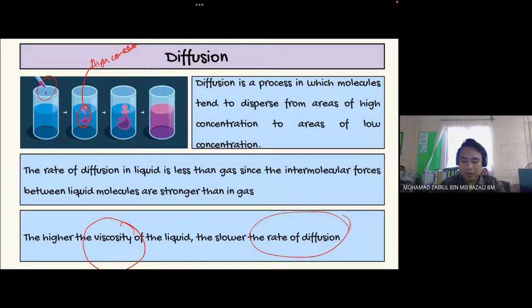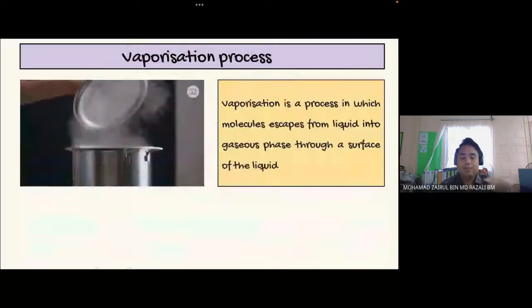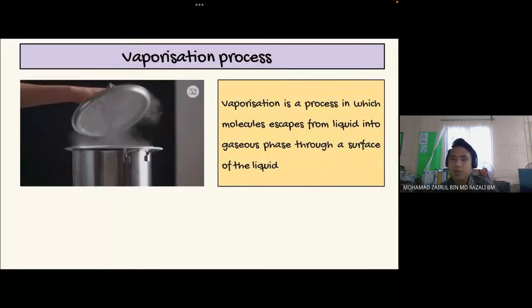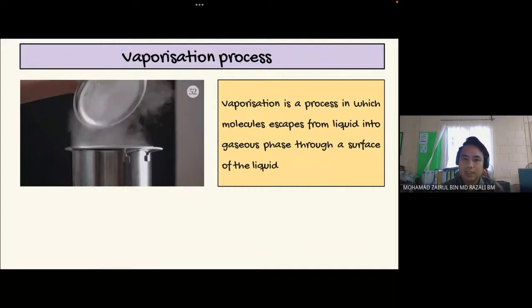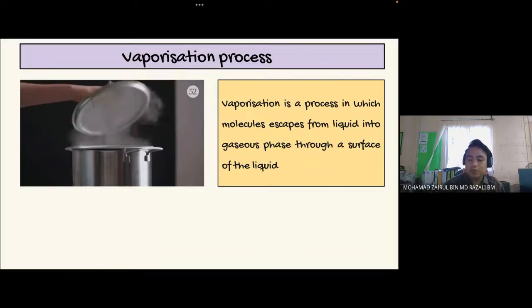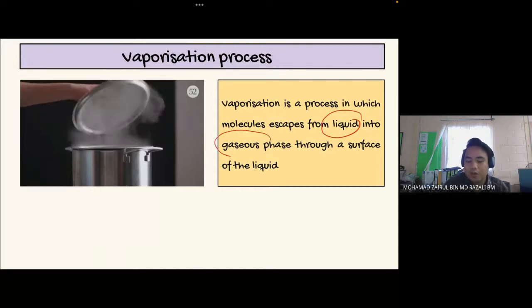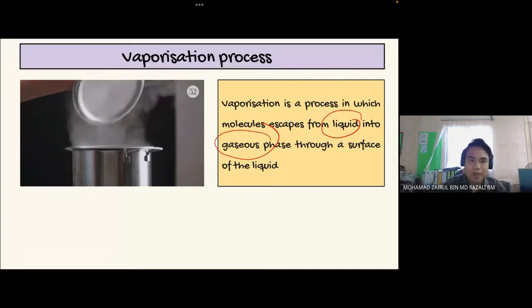Okay. Now, one of the most important process dalam liquid ini adalah vaporization process. So, vaporization process is a process in which the molecule escape from a liquid to the gaseous phase through a surface of the liquid.